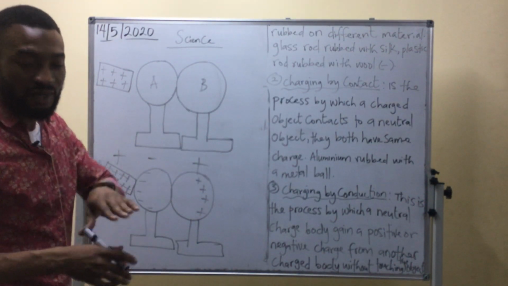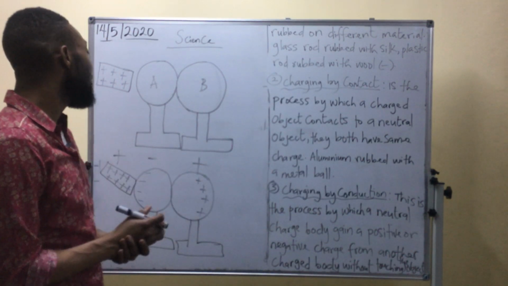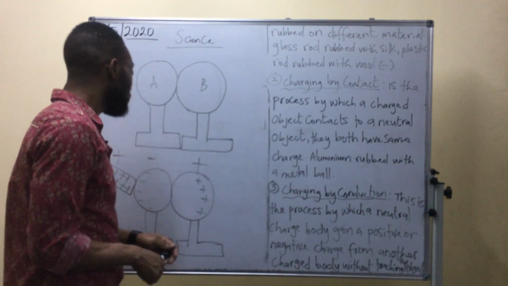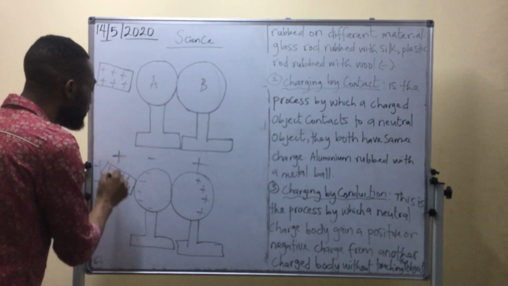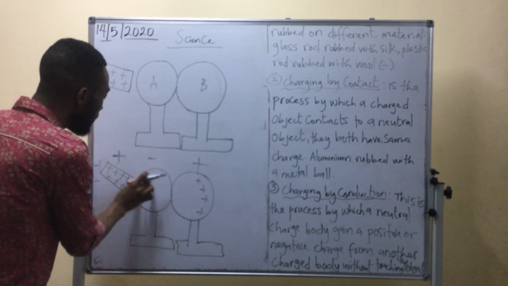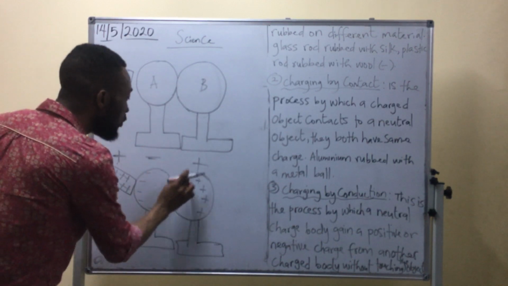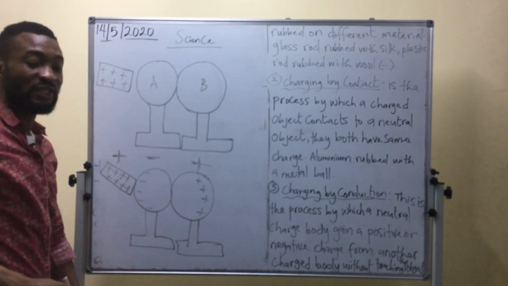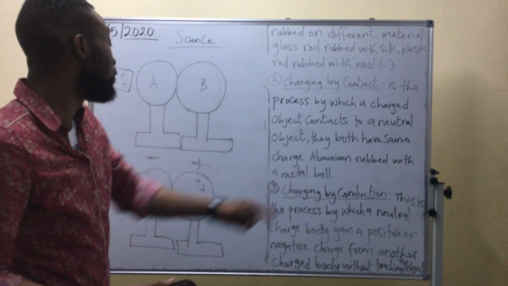But if you take north and south, if you try to join them together, they will attract one another. So if you notice here, we have the aluminium, which is positive. The first metal ball generates a negative charge from the aluminium, and the second one will generate what? A positive charge. So that is charging by conduction.